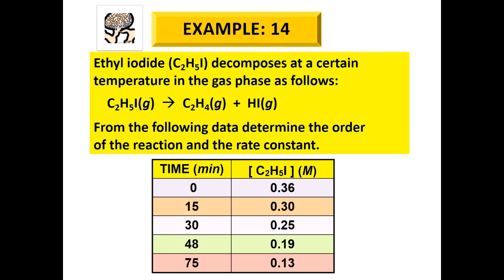Ethyl iodide will decompose at a certain temperature in the gas phase as follows: C2H5I to produce C2H4 and HI. From the following data, determine the order of the reaction and the rate constant. This one is reaction order and also the k.